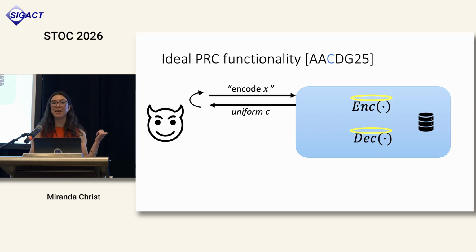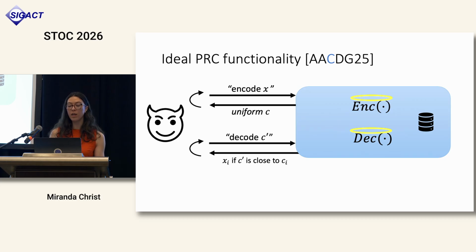So here, the ideal encoder is outputting actually random code words. And the ideal decoder, given some C prime, looks in the list of all of the code words it's output before, sees if C prime is close to any of them, and outputs the corresponding message if so. And so the ideal encoder and decoder basically implement a very large, truly random code, which of course is not efficient, but the pseudorandom code itself must be efficient and indistinguishable from this ideal functionality.